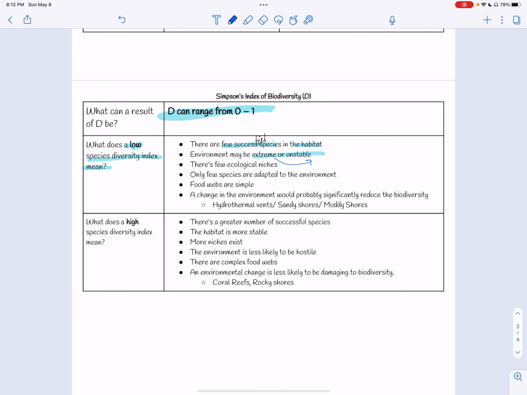Remember, extreme is like your hydrothermal vent, but hydrothermal vents are always extreme, so they are also stable. Because they're always extreme, they don't frequently change. Unstable is like your sandy shore because it's porous and easily erodible. It's very hard to adapt to those massive changes twice a day. There's going to be few niches or few roles for organisms to occupy. Only few species would be adapted to be in that environment, perhaps.